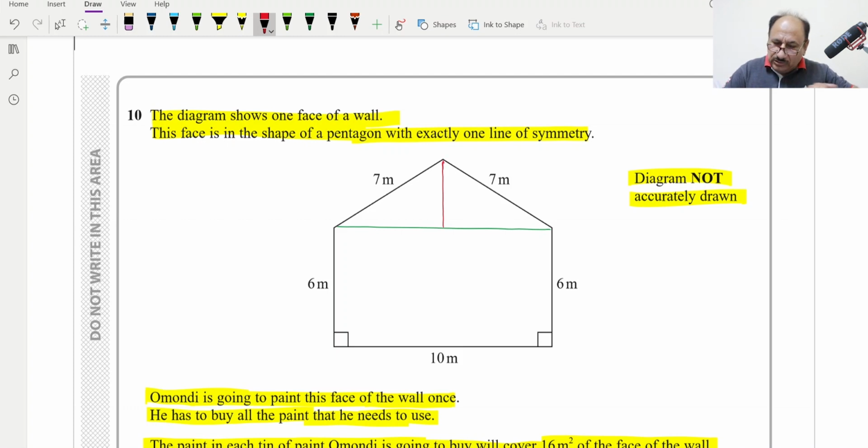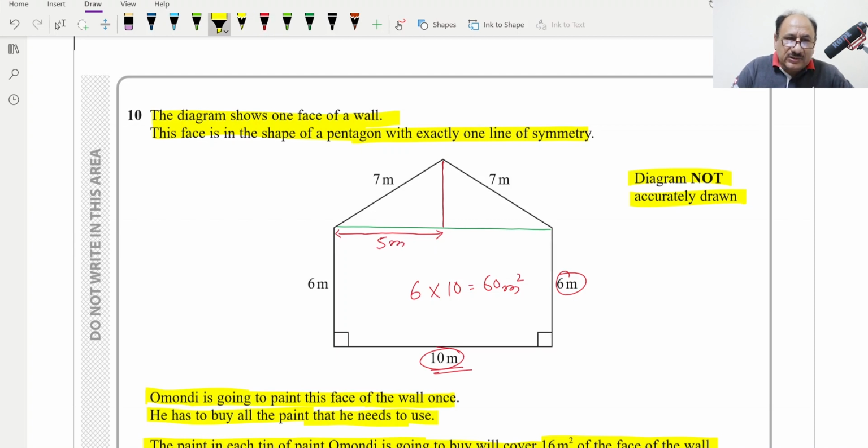So this side is 6, this side is 10. So 6 multiplied by 10 is equal to 60 meter square. Now we know this portion from here to this one is half of 10, which is 5. So this will be 5 meters.